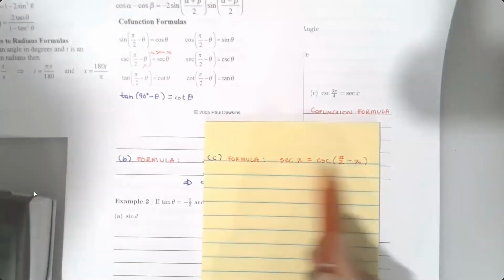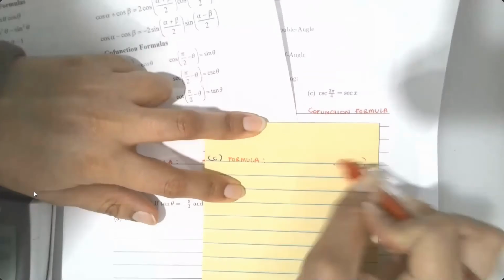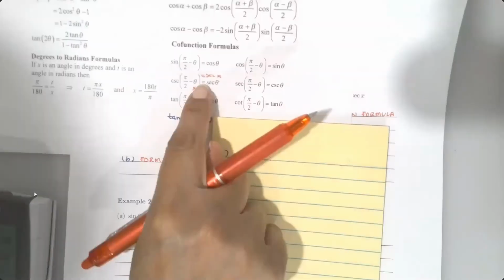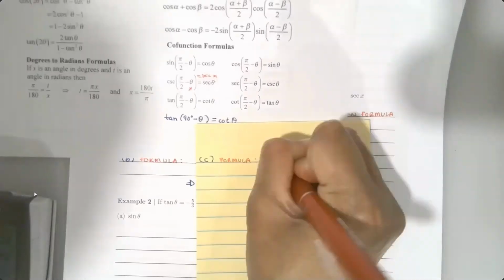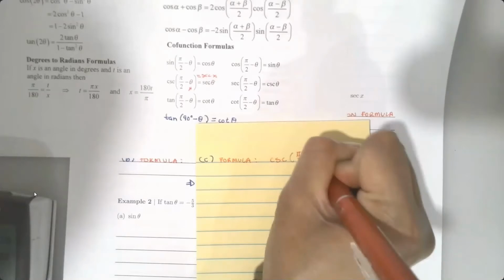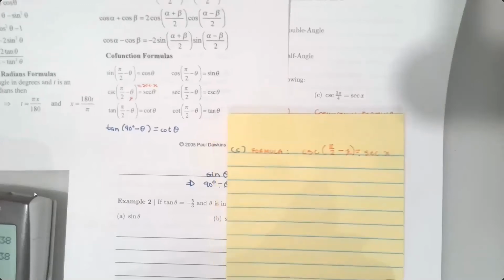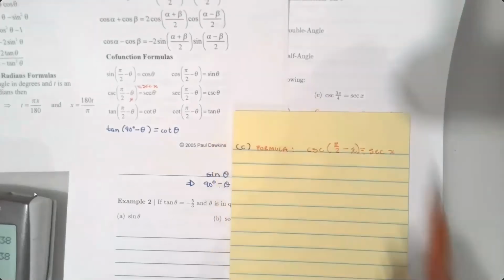I'm writing it. And just because we do have secant on the right-hand side, let me keep the order that's given in the formula. So meaning, let me leave it as cosecant of pi over 2 minus x is equal to secant of x. Because that already best matches the equation that was given to us.